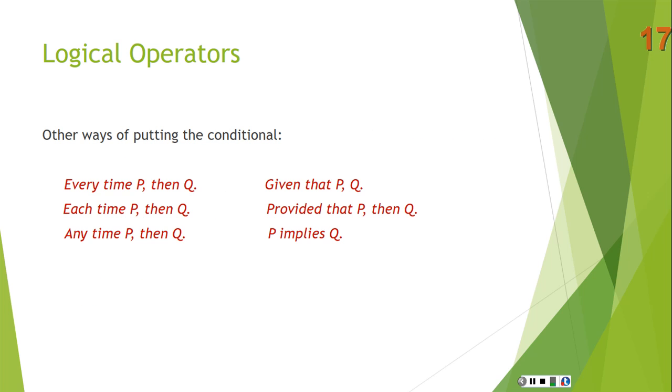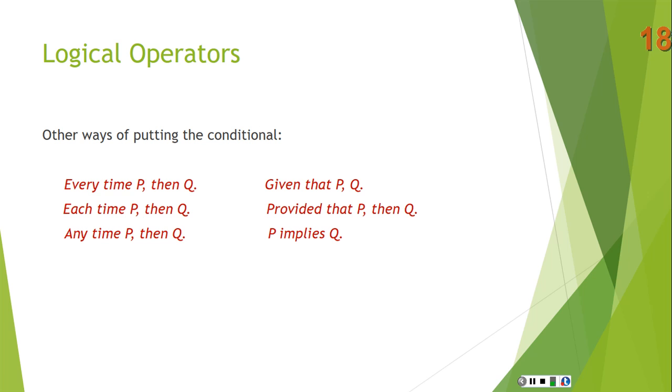Here are other ways of putting the conditional. Every time P, then Q. P is the antecedent, Q is the consequent. Each time P, then Q. Anytime P, then Q. Given that P, Q, etc. So in each case, the P is the antecedent, the Q is the consequent.